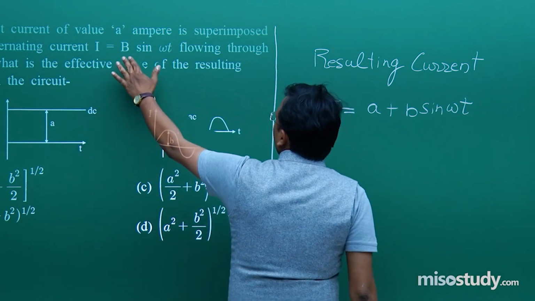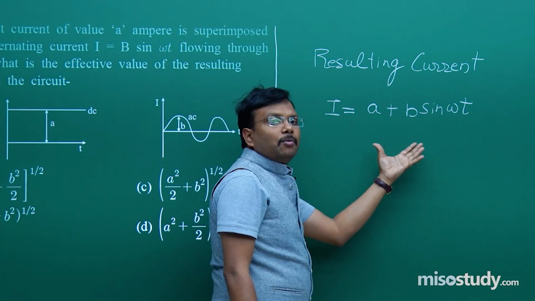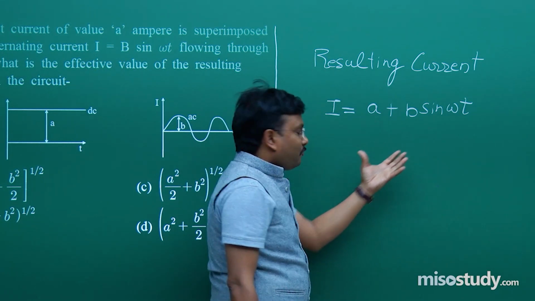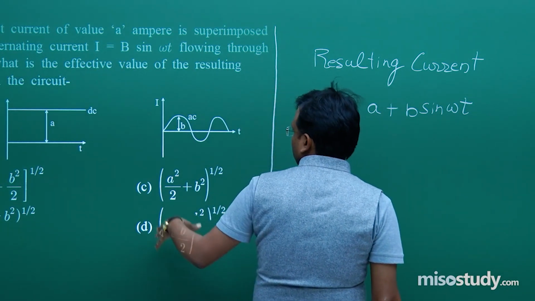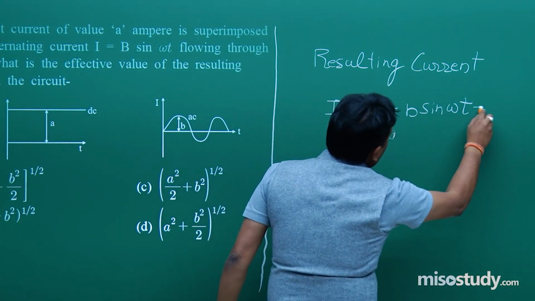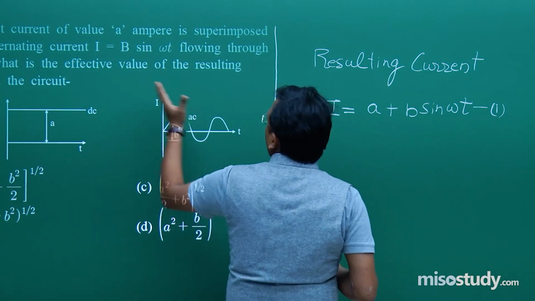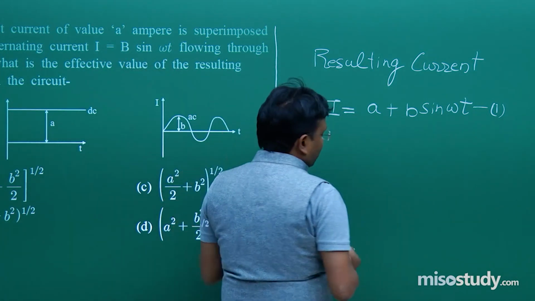This is a capital B, small b, whatever you want to put. Here I am just providing a symbolic representation of the solution. So, I is equal to A plus B sin omega t. Let us say it is equation number 1, our general equation. You can write it like A plus capital B sin omega t, no problem.